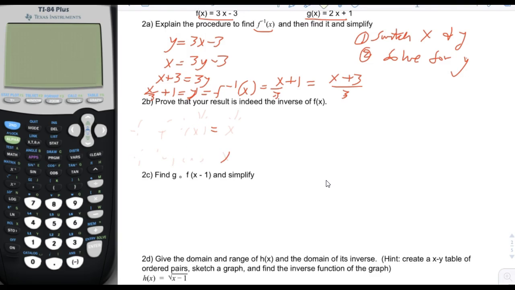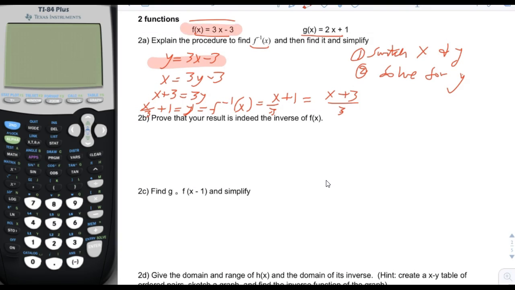So let's do that. We're going to take the 3x minus 3 function, and we're going to composite it with the x plus 3 divided by 3 function.